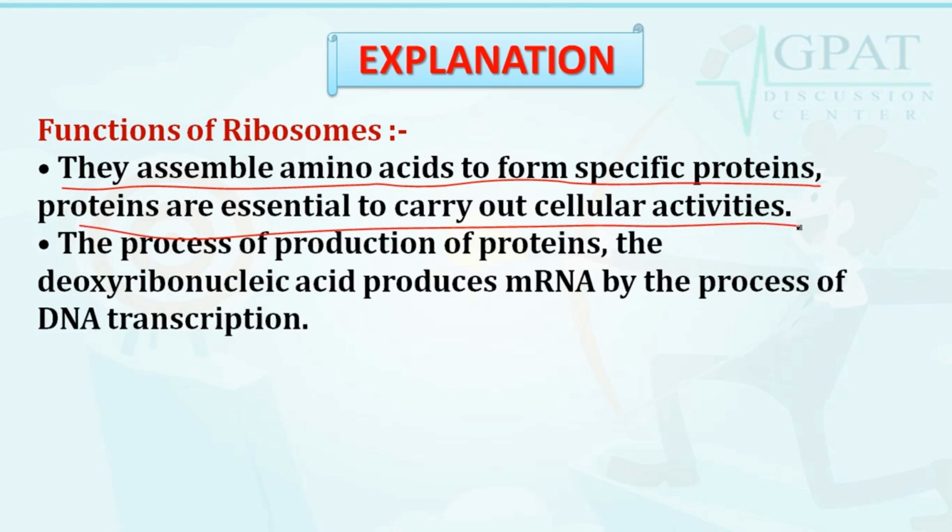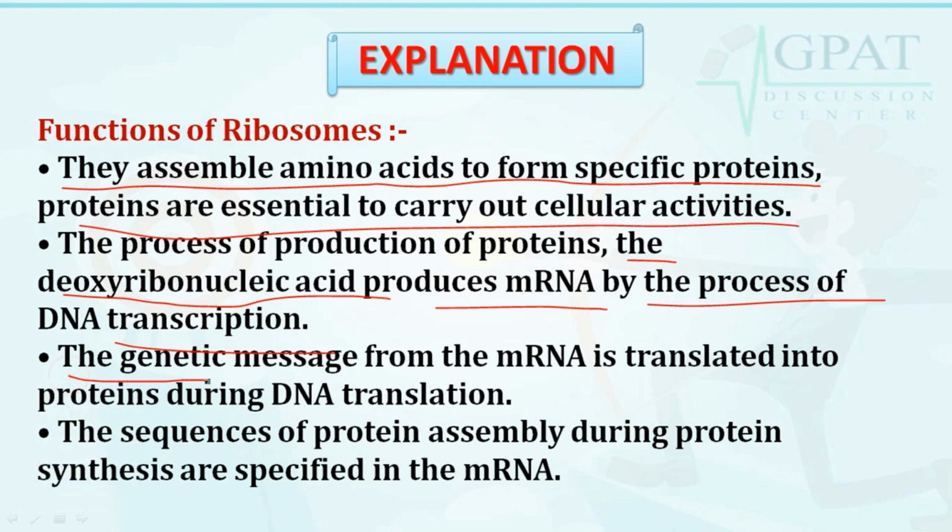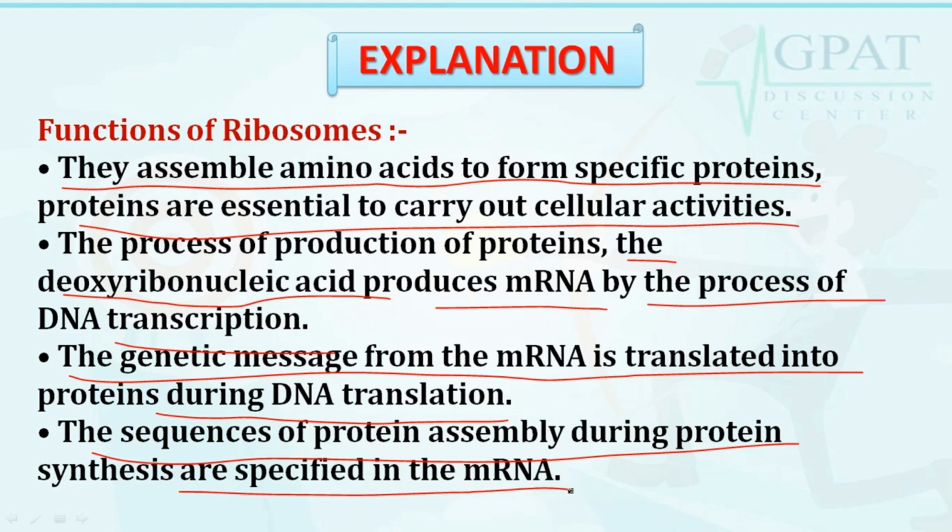The process of production of proteins: DNA produces mRNA by the process of transcription. The genetic message from the mRNA is translated into proteins during translation, and the sequence of protein assembly during protein synthesis is specified in the mRNA, that is the messenger RNA.